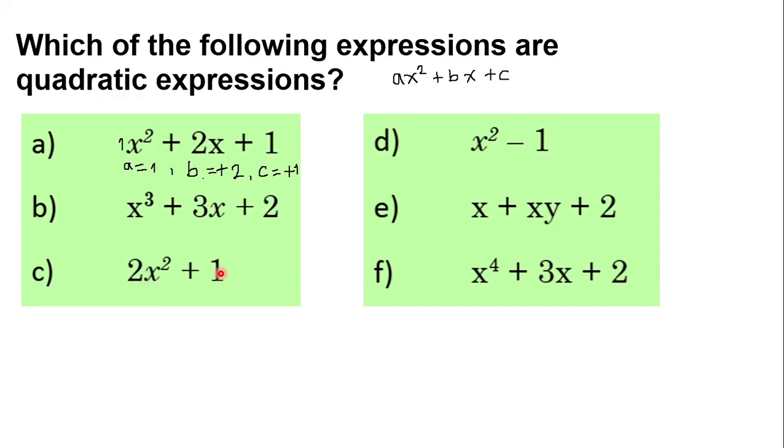You'd be wondering, what's the value of b here and what's the value of c? If you look at this expression very closely, you find that we don't have the middle term here, the bx part. We only have the a and the c.